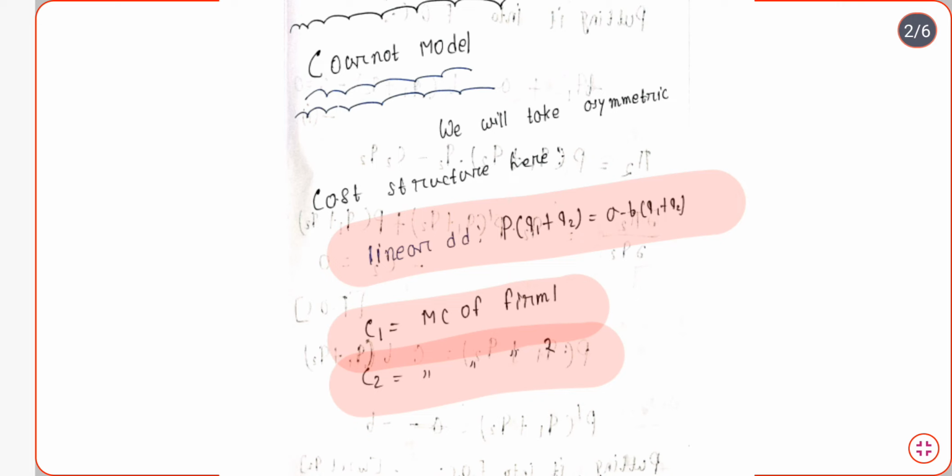This is very simple to understand, and we know how market demand is derived. If you want more emphasis on this, watch the previous video on the Cournot model where I explained the market demand.